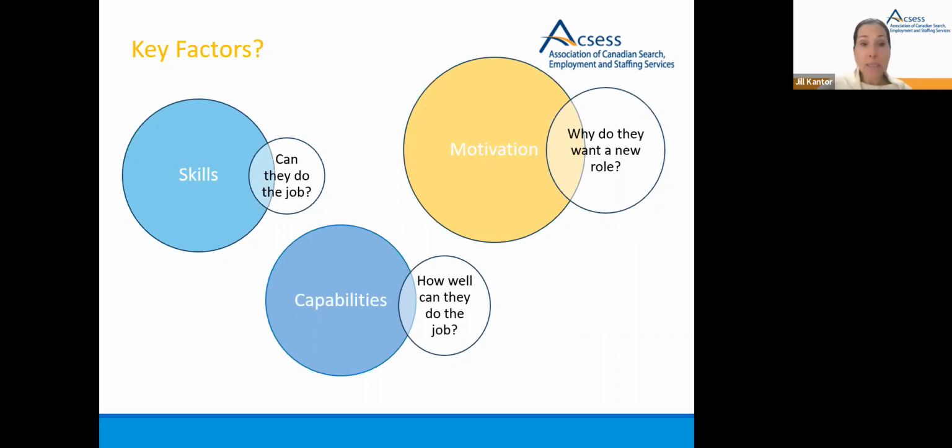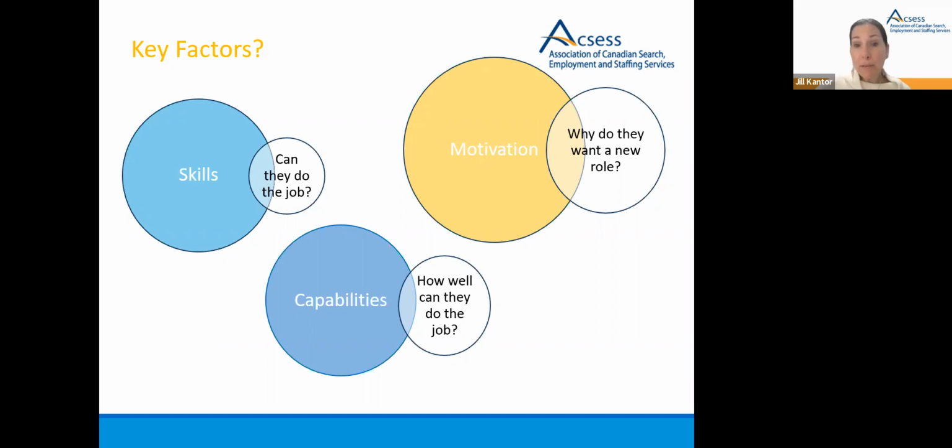Maybe in some instances they have to show a work sample. For example, when I was recruiting for that graphic designer I mentioned, I had to see a portfolio. So that shows their capabilities of the work that they can do. And then the motivation comes from what's driving them, what's happening, have they tried to address it in their current situation? What is it that's going to really help that individual make the move?